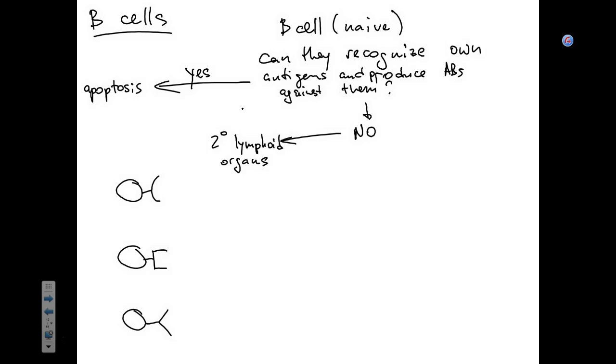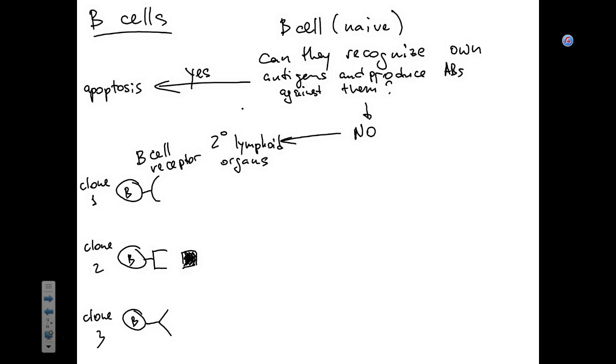Does that make sense? That's a B cell receptor. That's the B cell. Each population of the B cell is called a clone. Clone 1, clone 2, and clone 3. Okay? Just the terminology. And they encounter the antigen.